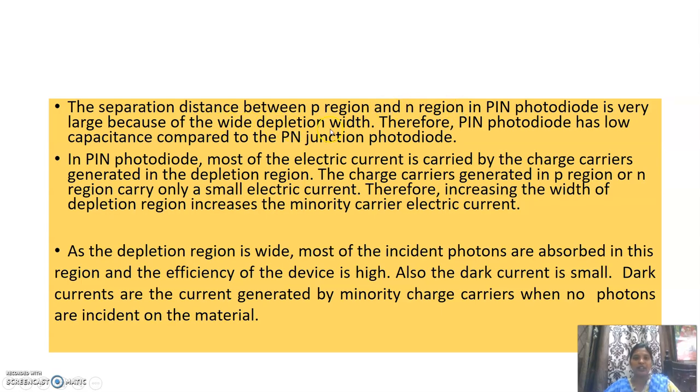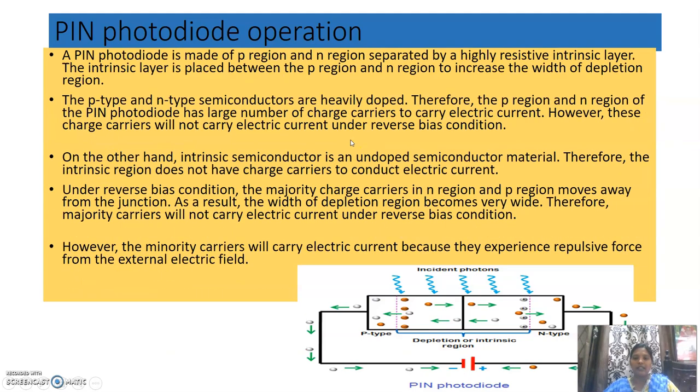Now the separation between the P region and N region in a PIN photodiode is very large because of the wide depletion region, and the junction capacitance will be very small. If you see the diagram, the immobile negative and positive charges act as a capacitor. So there are two points for the PIN diode: first, to have a large capture area, which is why we have a large depletion region by inserting the intrinsic layer.